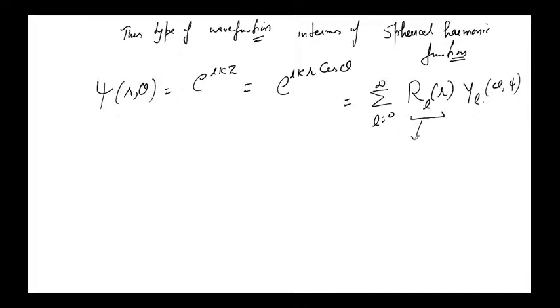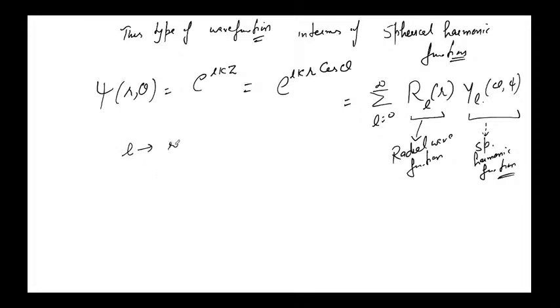So R_L represents the radial wave function, Y_L represents the spherical harmonic function, and here L is an integer.